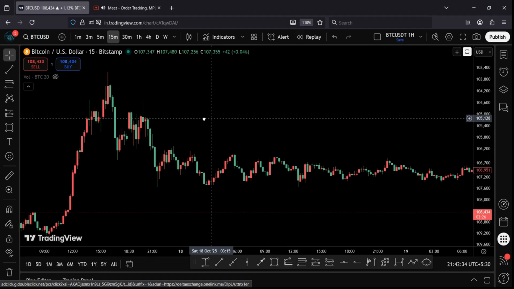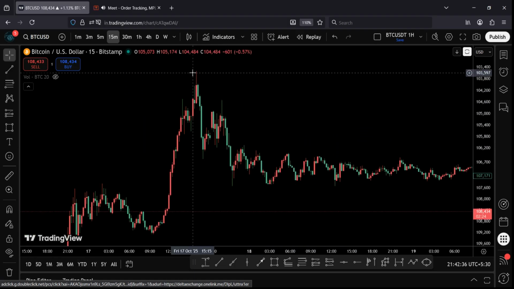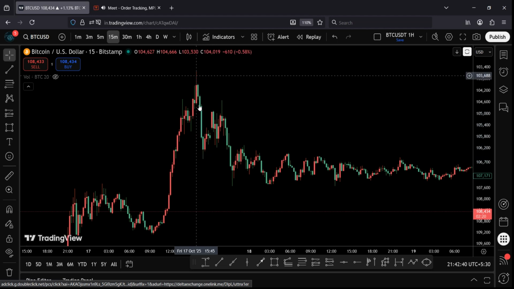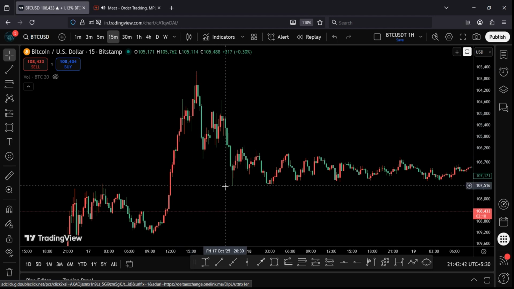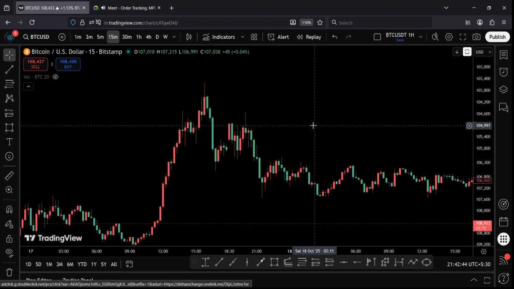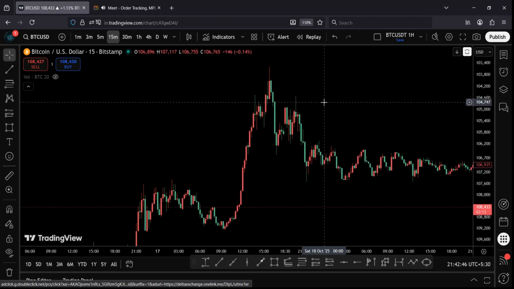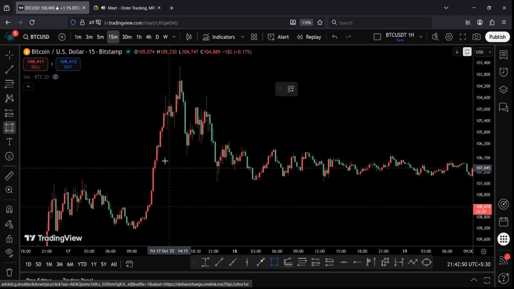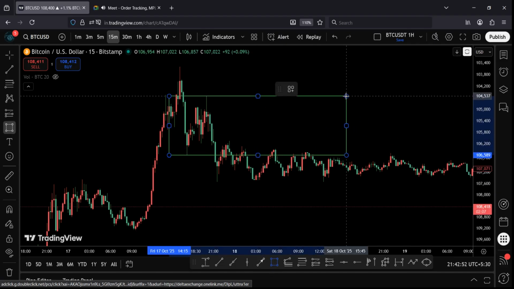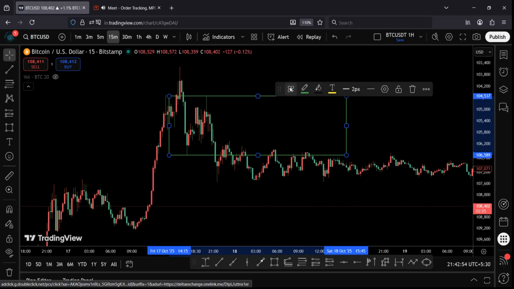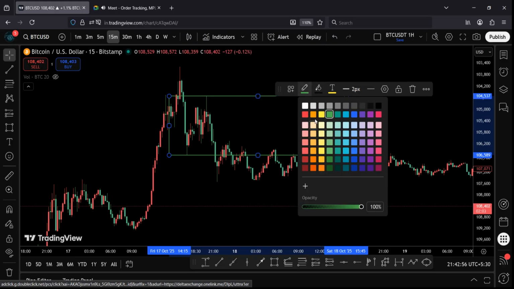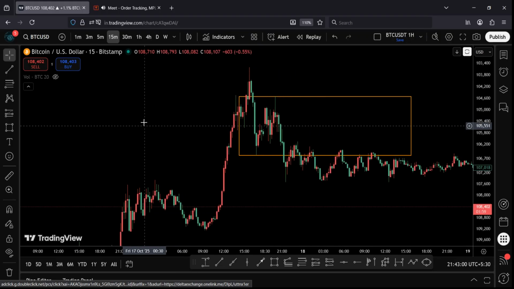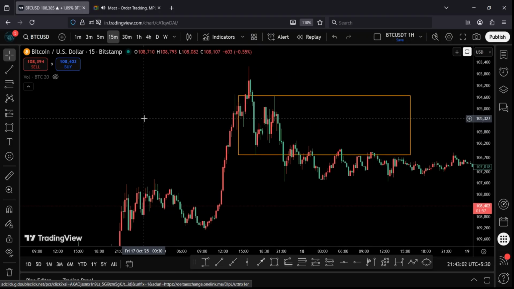Let's take this zone. First the BD side, we are taking the BD side. Price came here, goes up, came down. Okay, and let's draw this one.